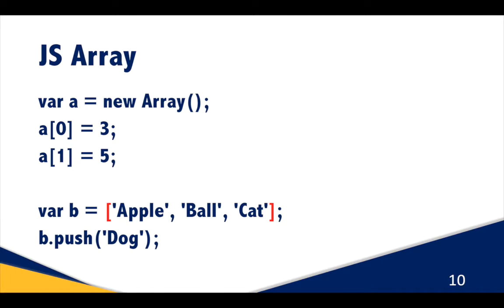Okay. An array is very useful in JavaScript. You can declare it with new Array here, and you will have just a usual array here like 0, 1. Okay, but if you want to initialize some value to an array, you will put something like that.